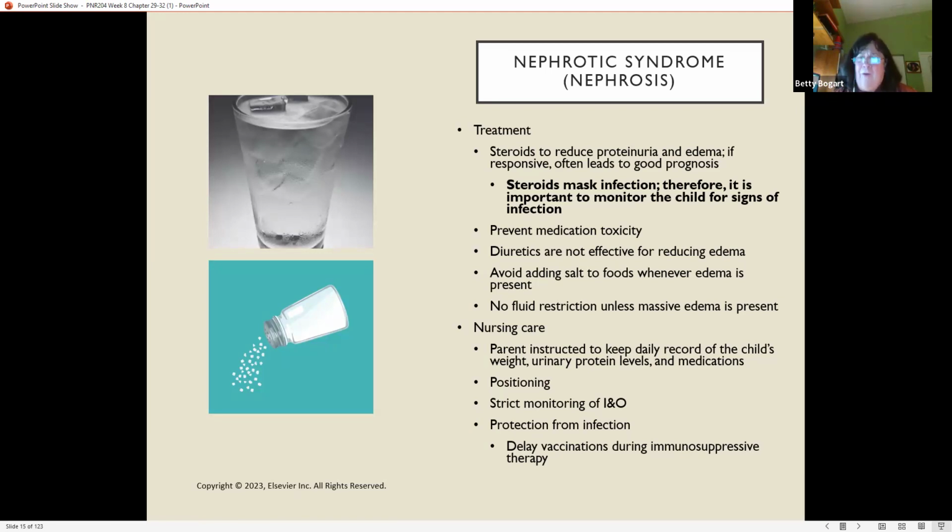So you got to be careful with it. Give it as you're ordered. Again, with this condition and all this swelling, you're like, well, just give some diuretic. It doesn't work. Actually, you have to put the protein back in the blood and give a diuretic to pull it out.